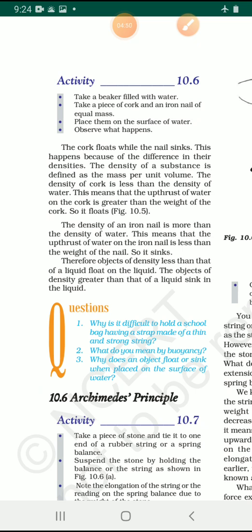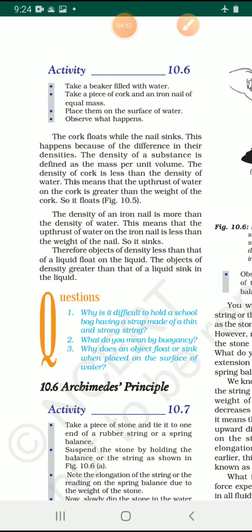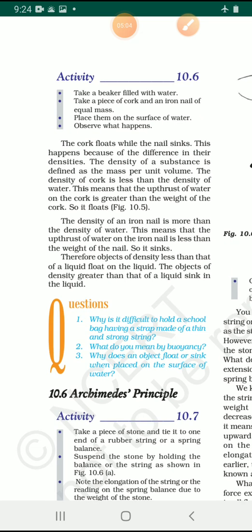This means that the upthrust of water on the iron nail is less than the weight of the nail, so it sinks, right? Therefore, an object with density less than that of the liquid floats on the water. I am talking about irrespective of the mass and weight, the density matters.